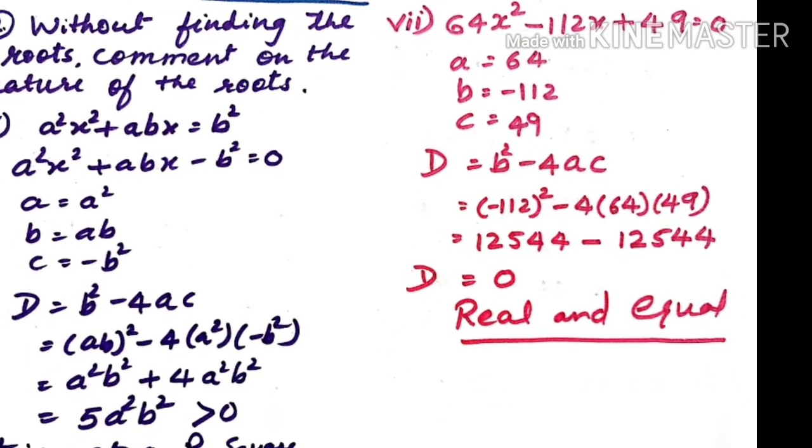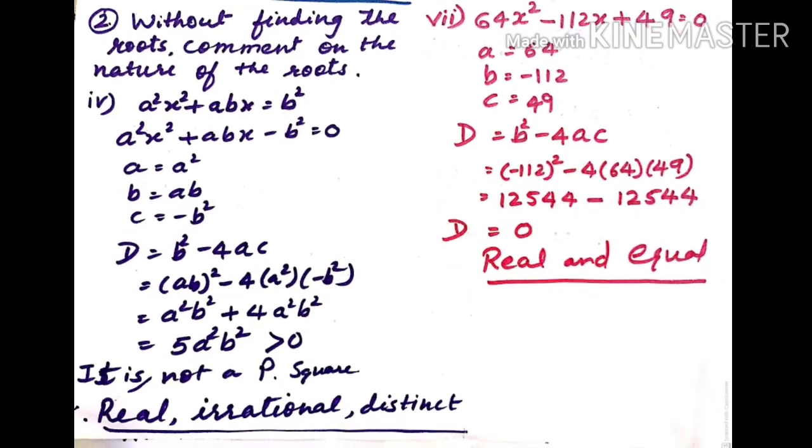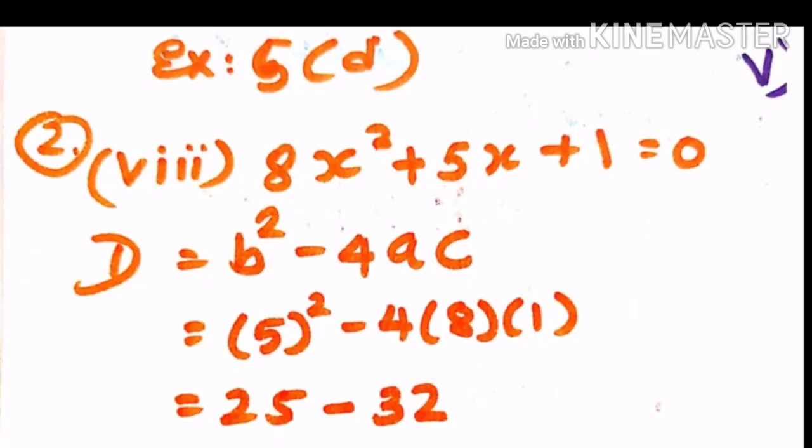Now students, let us move on to the next, that is question 8. 8x square plus 5x plus 1 is equal to 0. Now you can write a is equal to 8, b is equal to 5 and c is equal to 1. And I find d is equal to b square minus 4ac directly by placing the values: 5 square minus 4 into 8 into 1, that is equal to 25 minus 32.